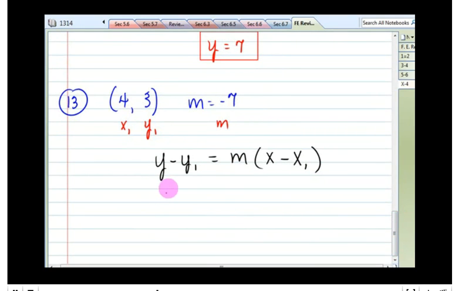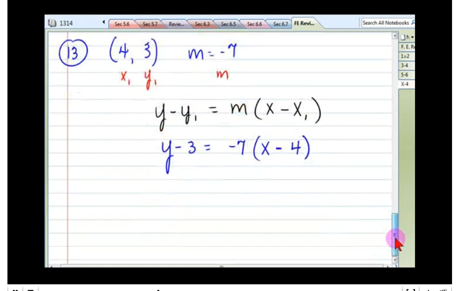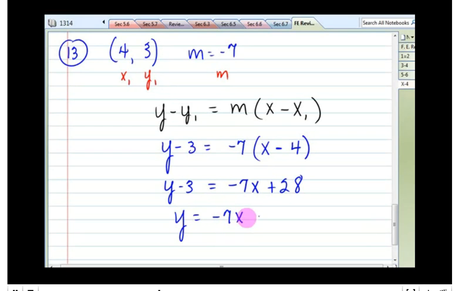So we will have y minus 3 equals -7 times x minus 4. Okay, so y minus 3 equals -7x plus 28. Add the 3, y equals -7x plus 31. Okay, so we're good with that one? Okay.